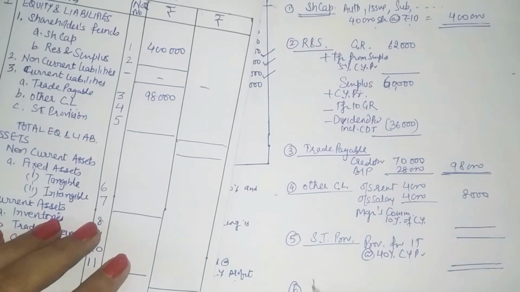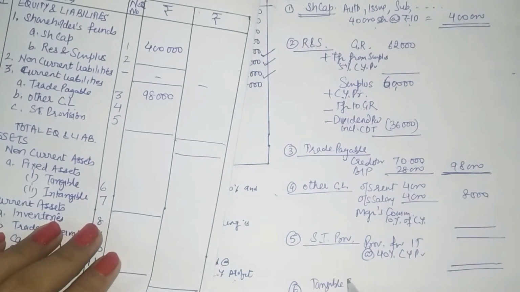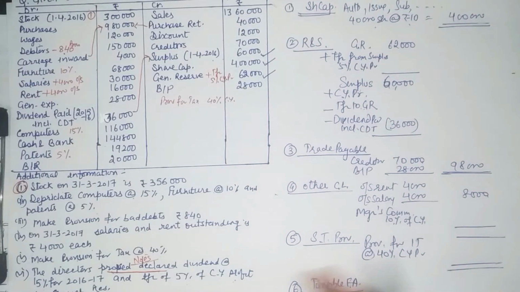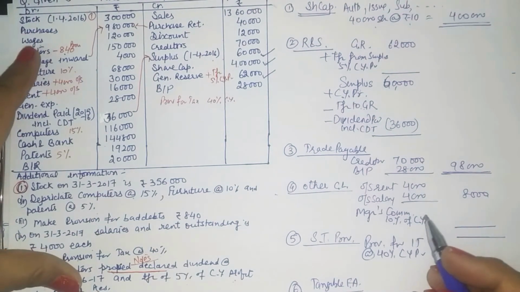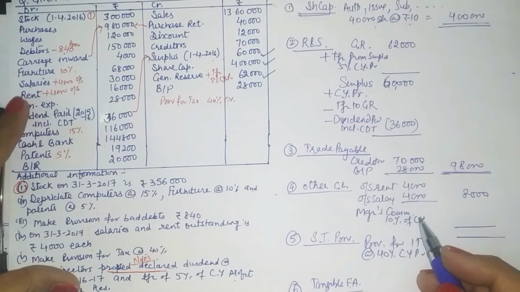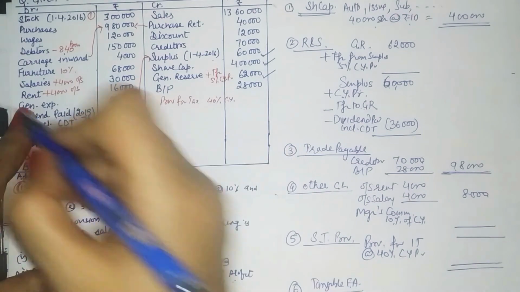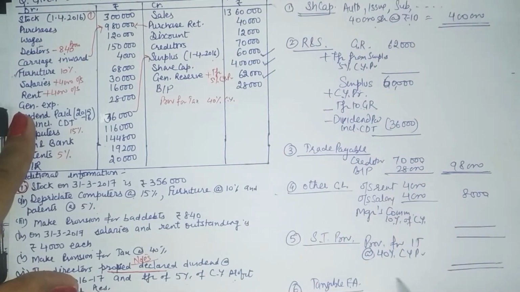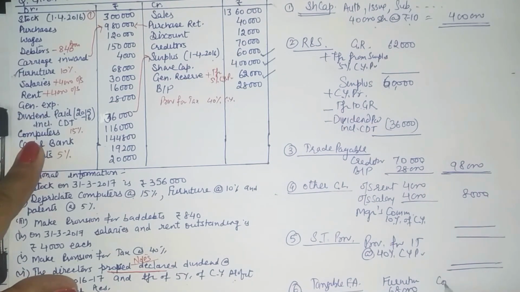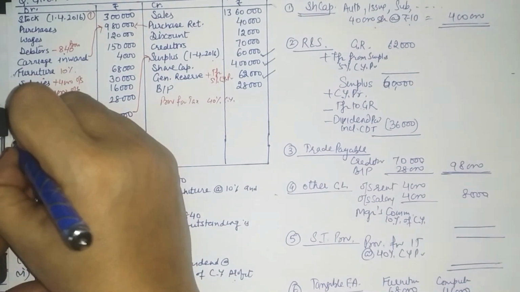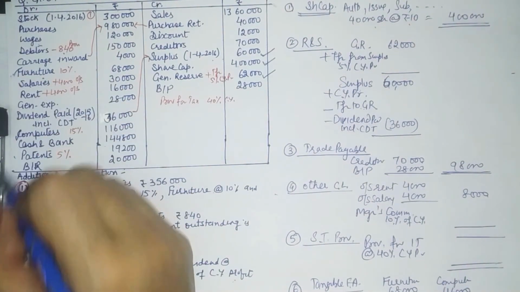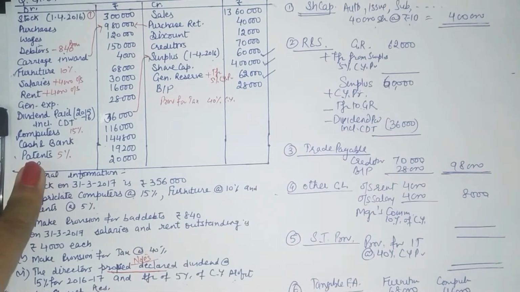Sixth is tangible fixed assets. So tangible fixed assets, of course, we know. If we look here, stock, purchases, wages. So we have got furniture 68,000, computers 1,16,000, and patents is your intangible, so it won't come here in the total for this.